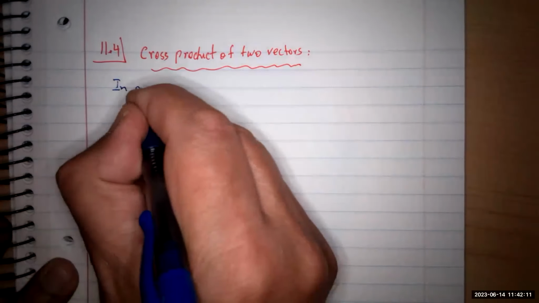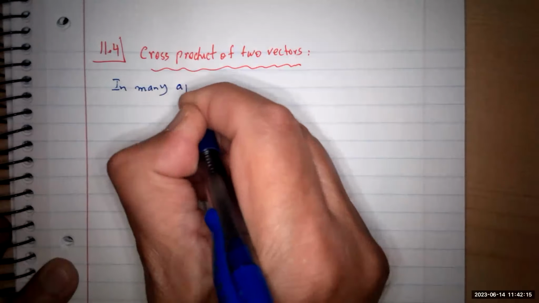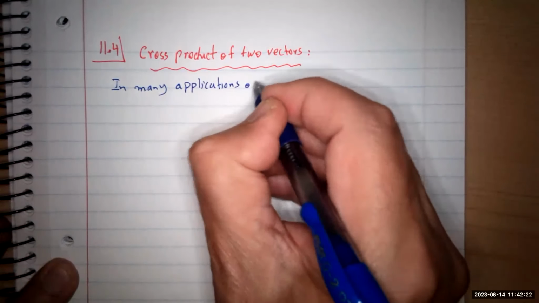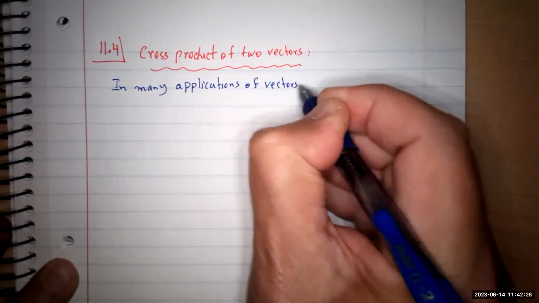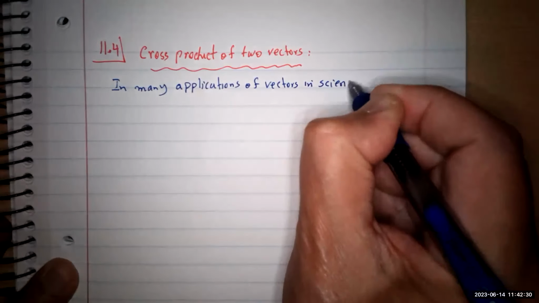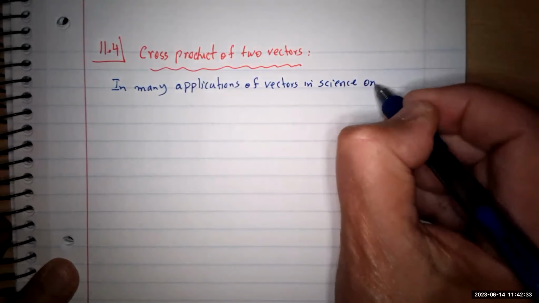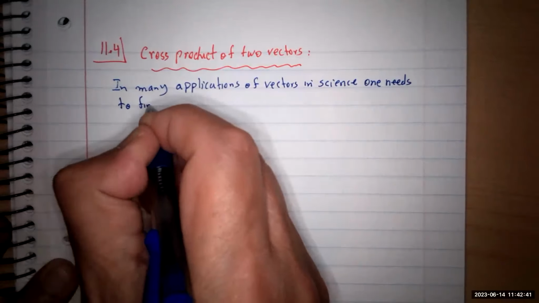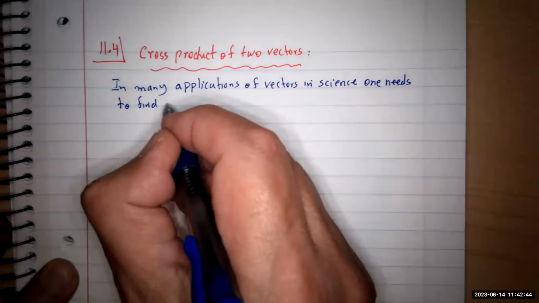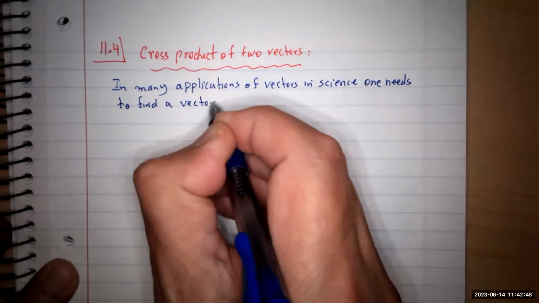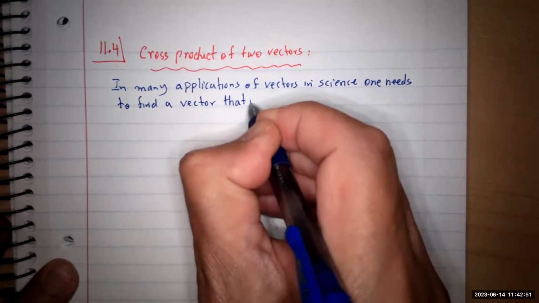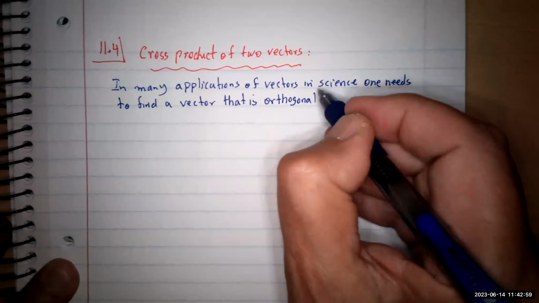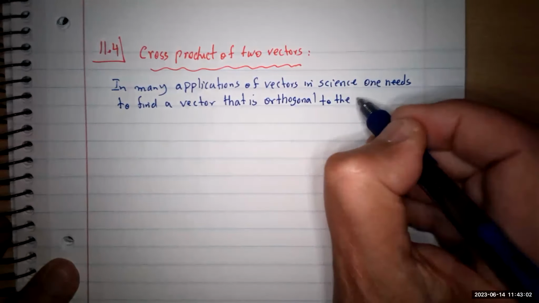In many applications of vectors, in science or in this course, one needs to find a vector that is orthogonal or perpendicular to the two given vectors.